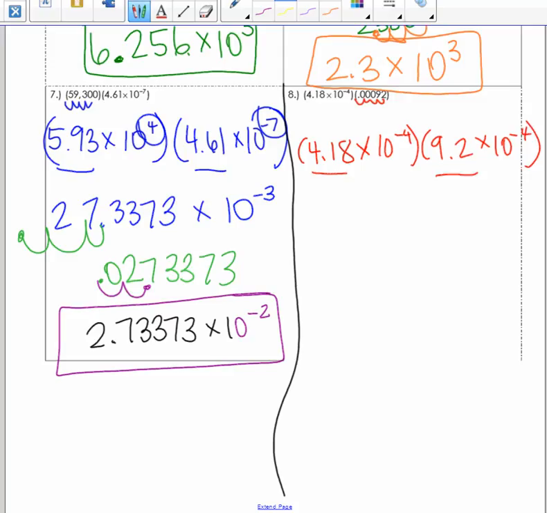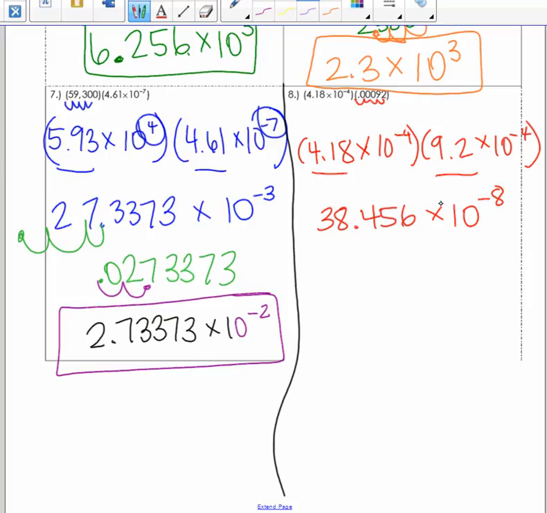Multiply your 4.18 times your 9.2 and you get 38.456 times 10, negative 4 plus negative 4. But when that happens and you add them, you get negative 8. Watch your signs there, negative 4 plus negative 4.